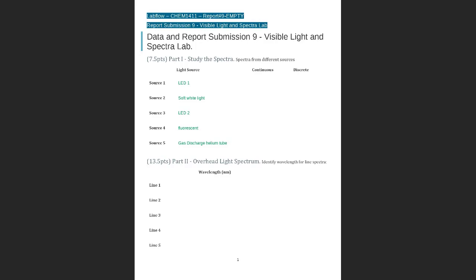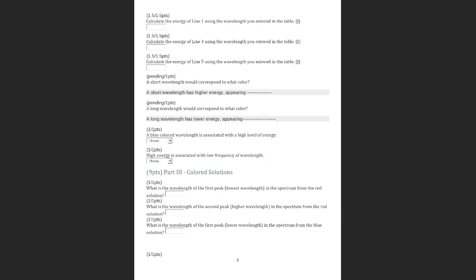The second part is to calculate the wavelength of an overhead light spectrum. And then you will have to calculate the energy using the formula that I just showed you. And the last part is colored solutions.